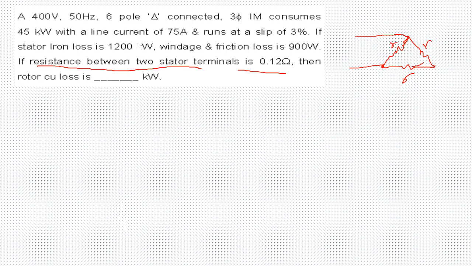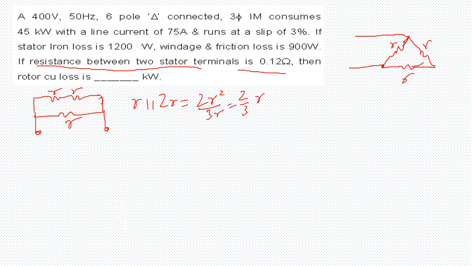Drawing it again, it will be R in parallel with 2R, which equals 2R square by 3R, so it is 2 by 3 of R, which is equal to 0.12. So R is equal to 0.12 into 3 by 2, which is 0.18 ohms. This is the resistance of one winding.